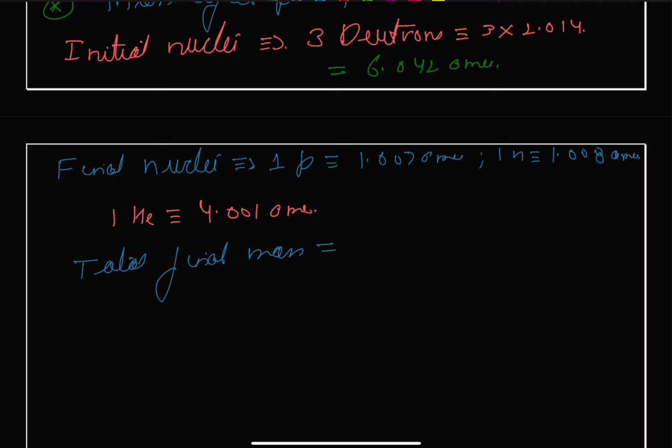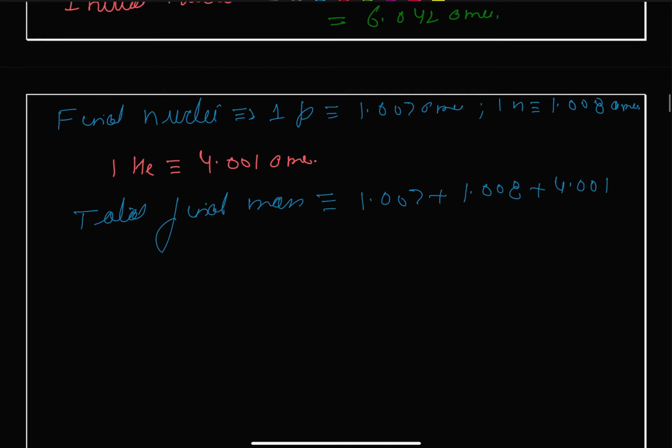So therefore the total final mass will be equal to 1.007 plus 1.008 plus 4.001, and this comes as 6.016 AMU.